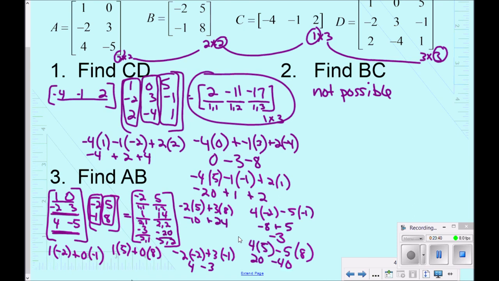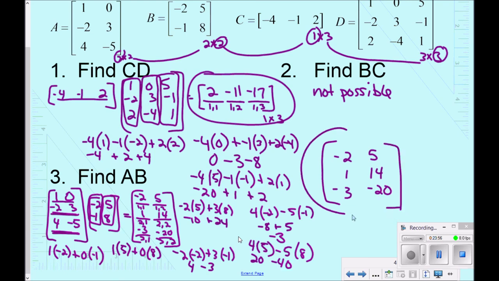So my final result, that's kind of hard to see with all those labels, is negative 2, 5, 1, 14, negative 3, and negative 20. And that's my final result.